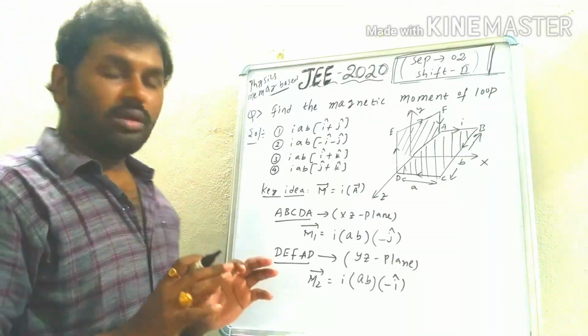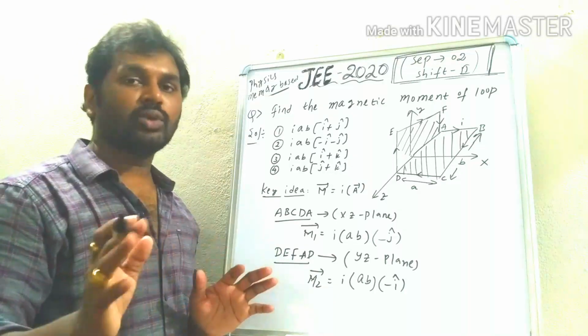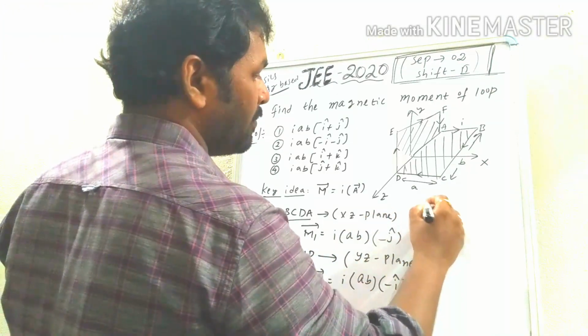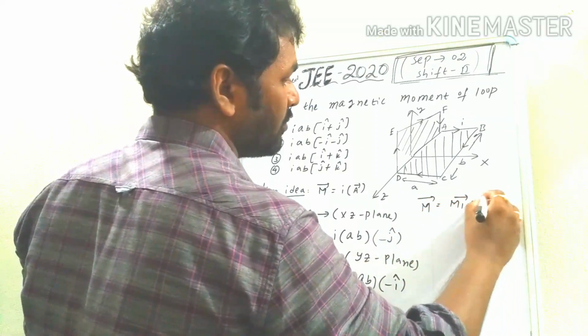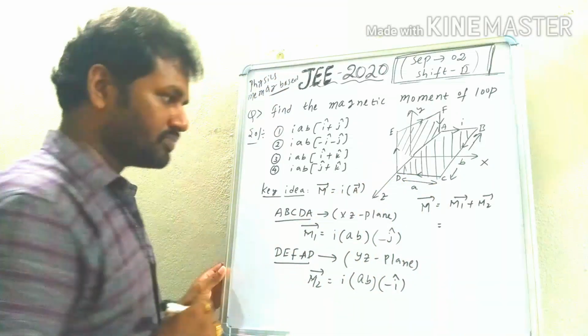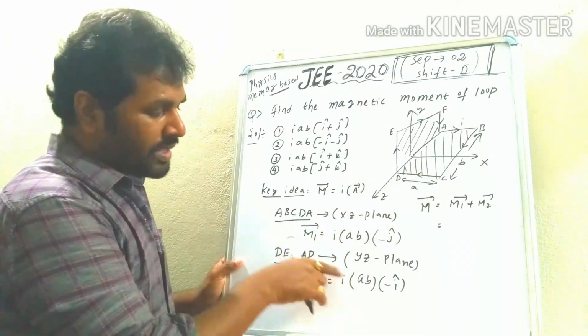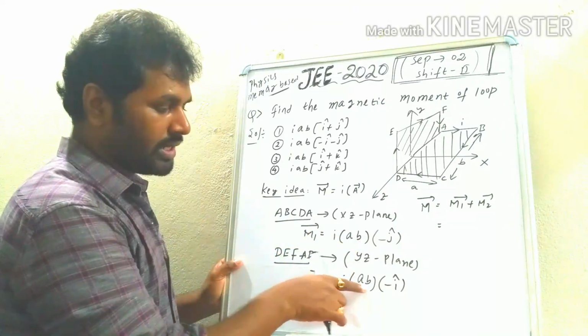And to find the magnetic moment of the system, we need to add all the vectors together, which is given as M bar equal to M1 bar plus M2 bar. That is equal to, take directly these expressions. In both the expressions, the common thing is I into AB.